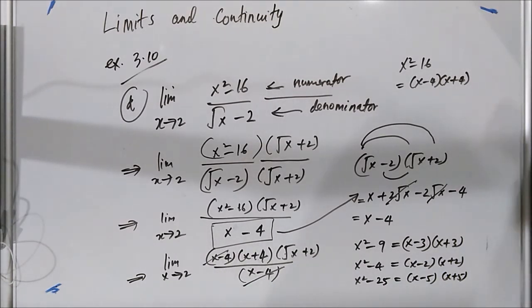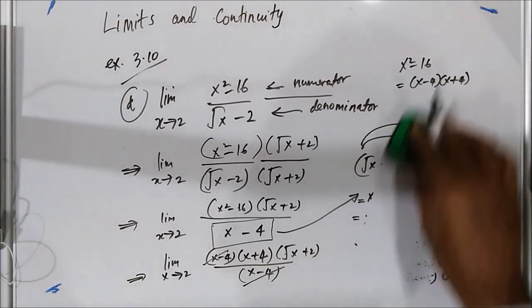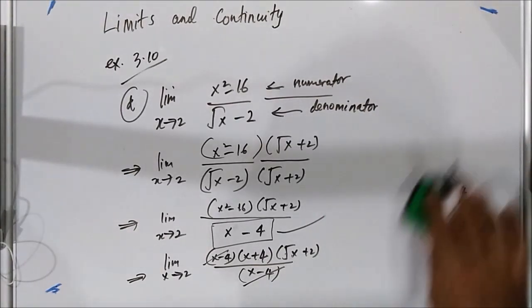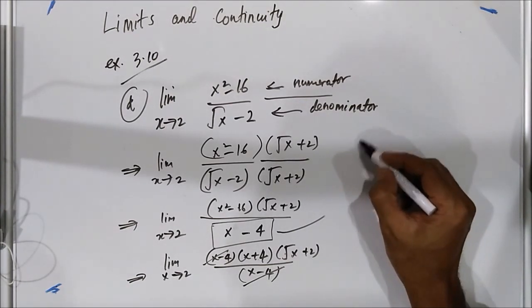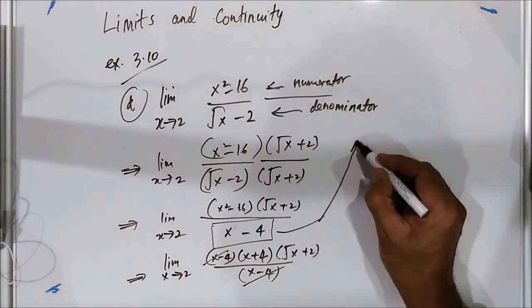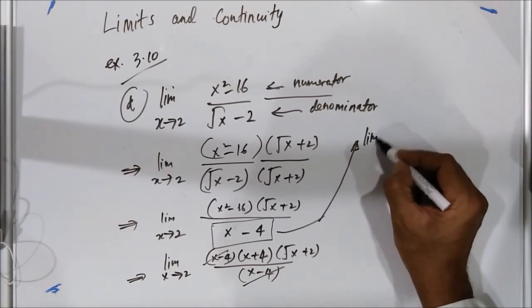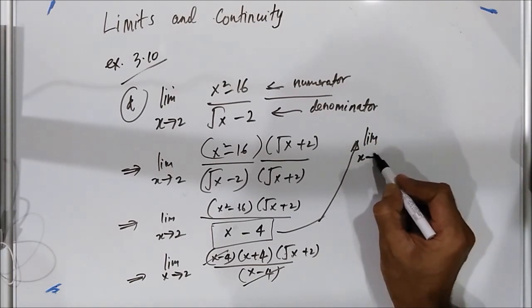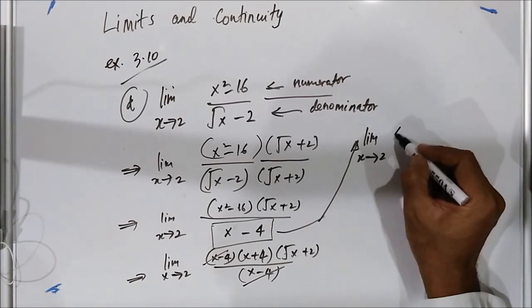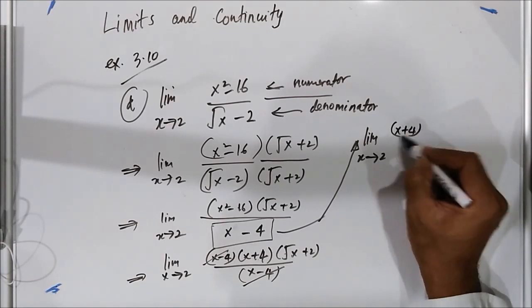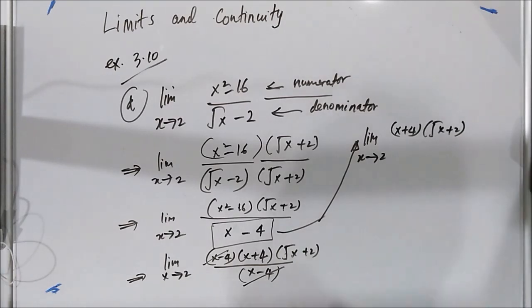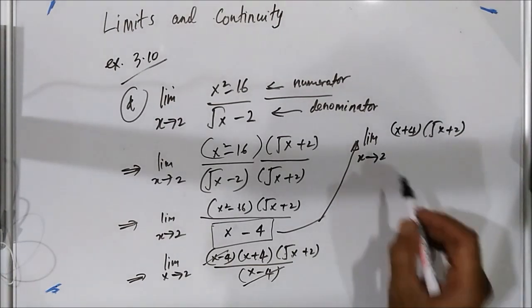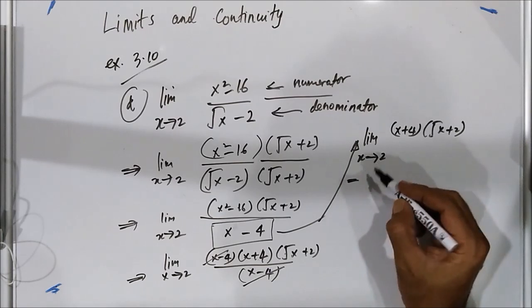So the final answer is the limit of x approaching 2 of x plus 4 times square root of x plus 2. Now you solve this one.